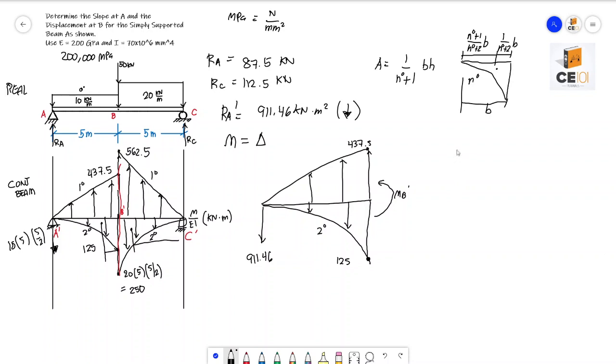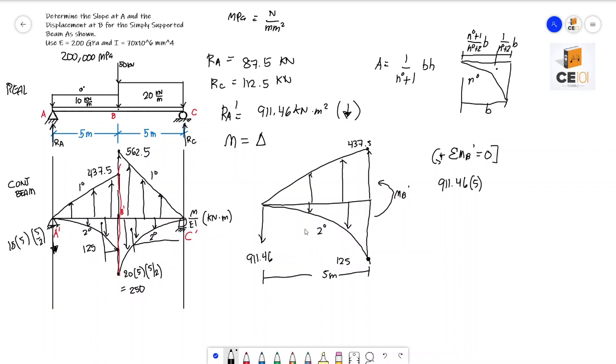So summation of moments sa B', counterclockwise is positive, is equal to 0. So para masagot natin, unahin muna natin to. Ano pala yung distance nito hanggang dito? 5 meters. So kunin natin 911.46 times 5.